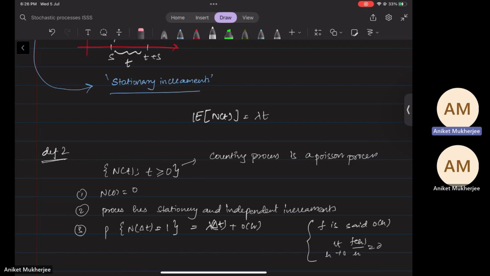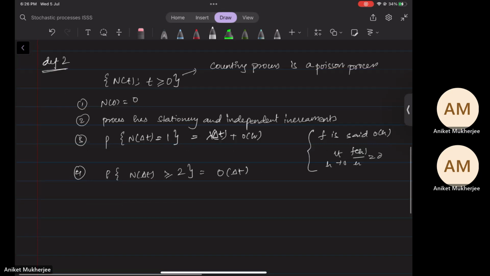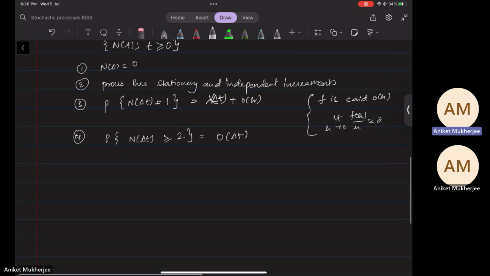This is the meaning of o of h. And the fourth property is that in a very small interval, the probability that the number of events is greater than or equal to 2 is of the order o of delta t. Okay.